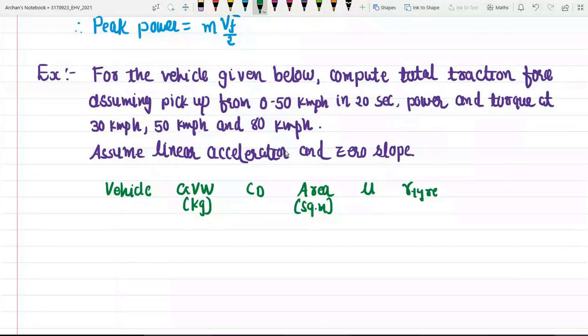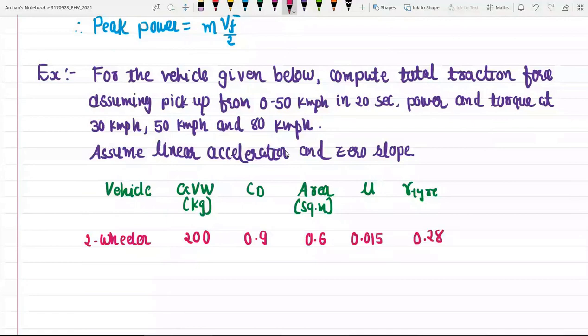So consider the two-wheeler first. The gross vehicle weight is 200 kg. Drag coefficient is 0.9. Frontal area is 0.6 meter square. Rolling resistance coefficient is 0.015 and radius is 0.28.